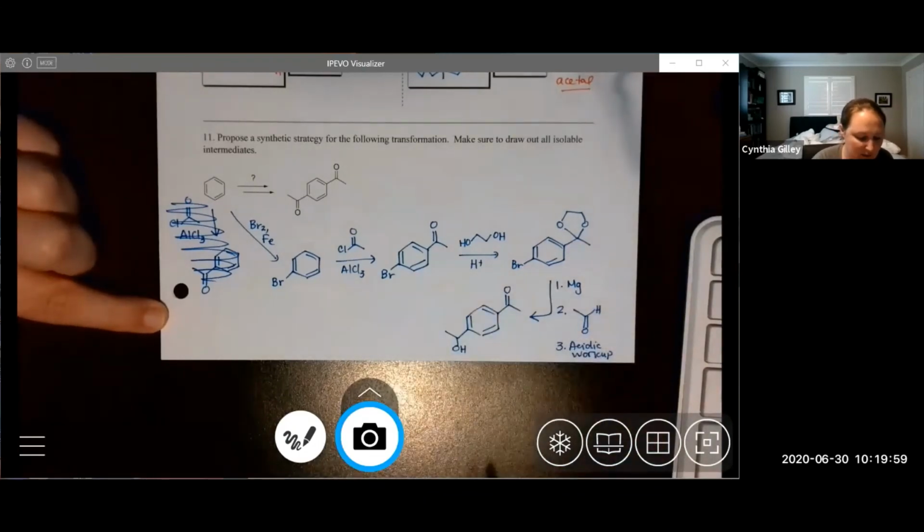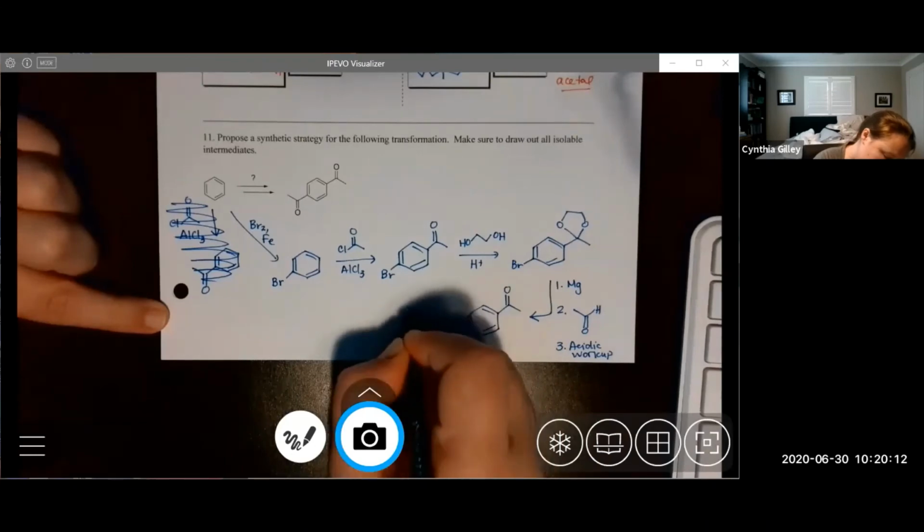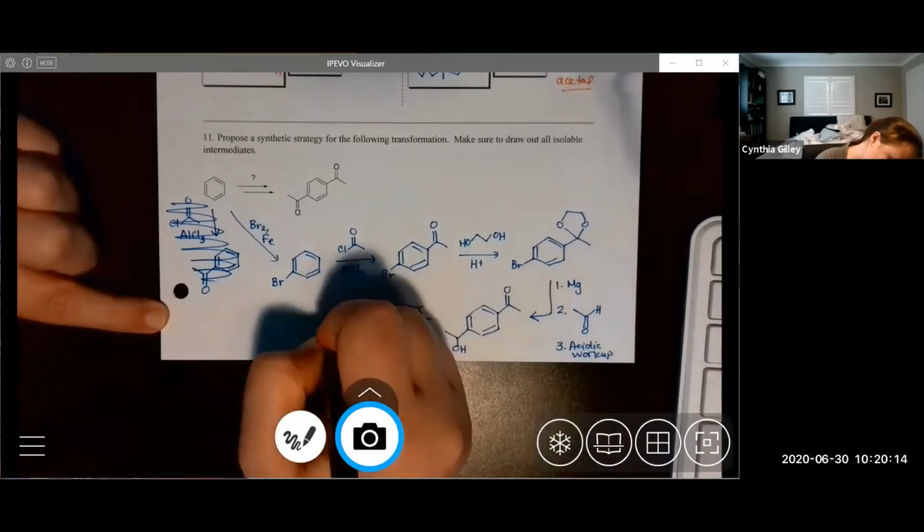So it's possible it gets removed in the acidic workup, or you draw the acetal and use dilute acid, so water and acid, to remove this. And then from here, all we have to use is PCC to oxidize the alcohol.